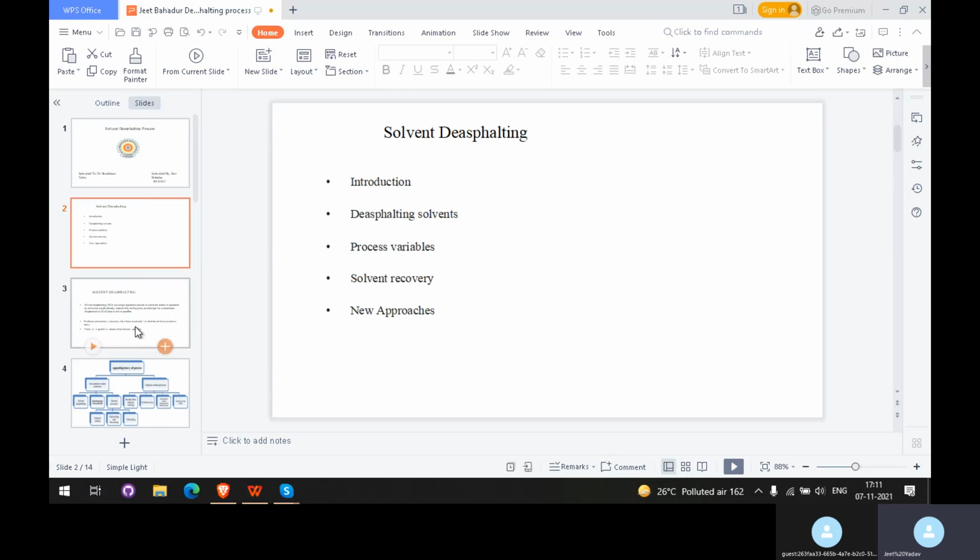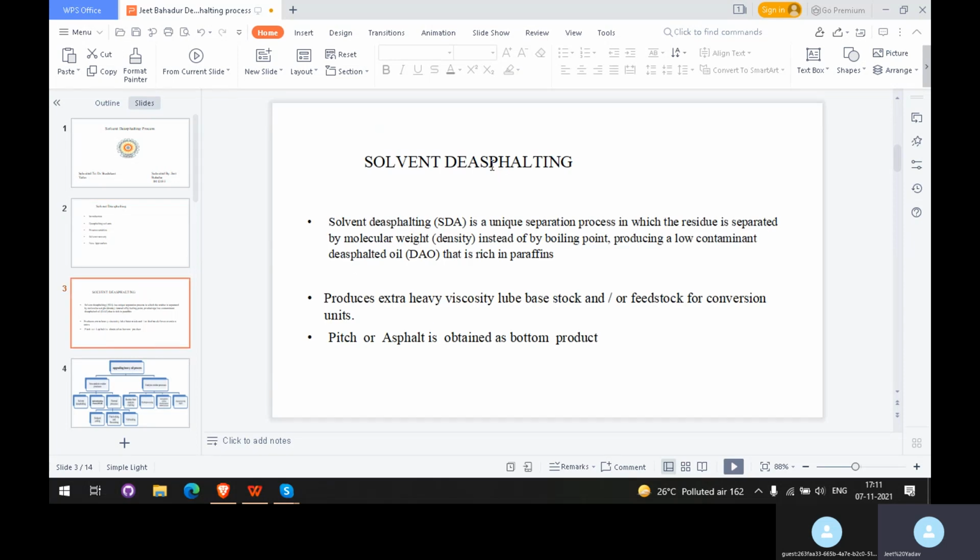So, moving forward, we have the introduction part in which solvent deasphalting, also abbreviated as SDA, is a unique separation process in which the residue is separated by molecular weight, basically on the density, instead of by boiling point, and it produces a low contaminated or deasphalted oil that is rich in paraffin.